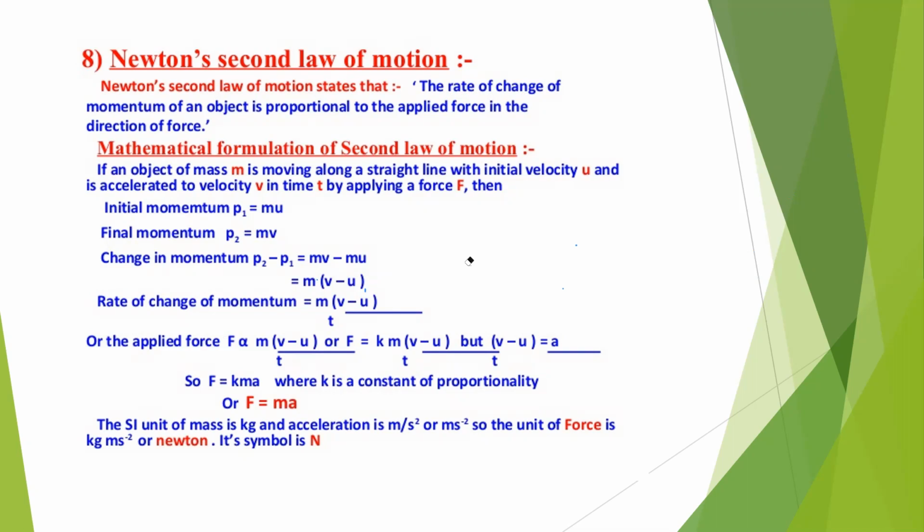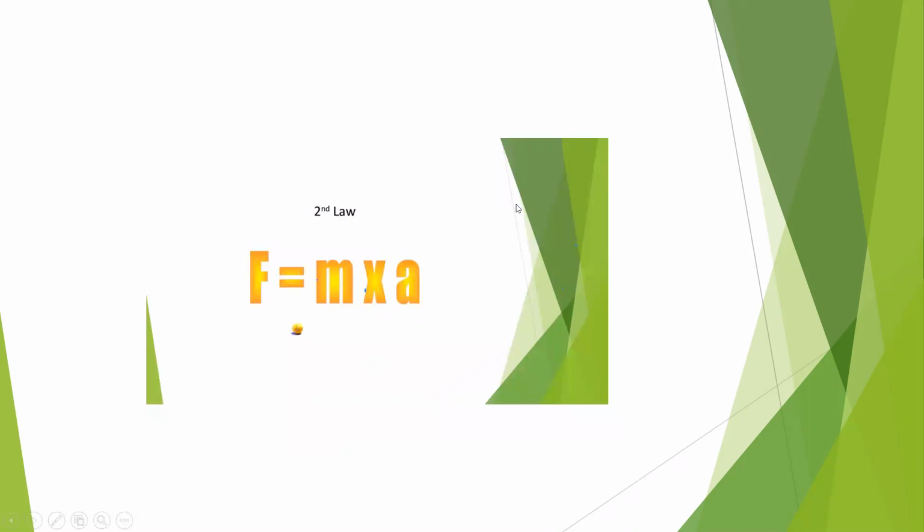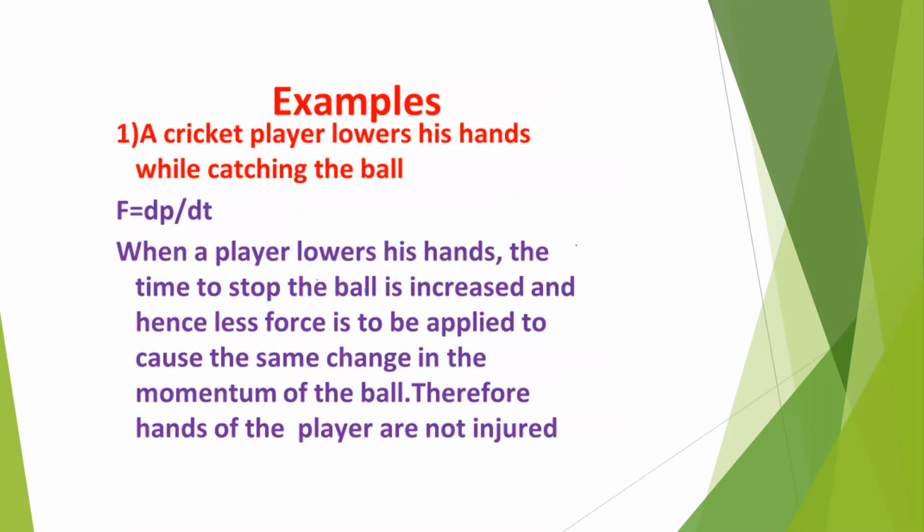Here we can also define force as the product of mass and acceleration. Don't get confused: the product of mass and velocity is momentum, and the product of mass and acceleration is force. The unit is Newton. This is the final expression.